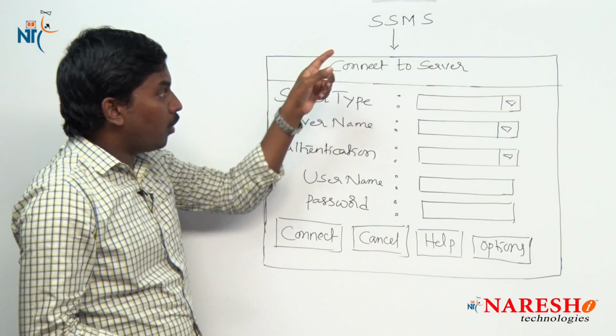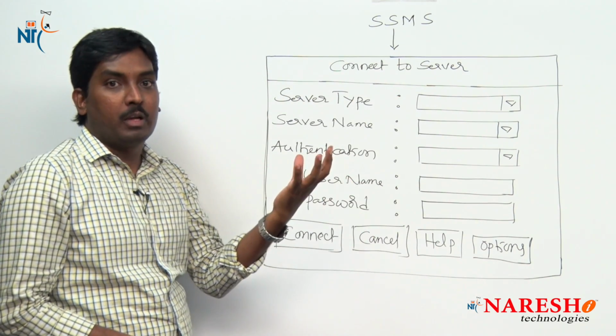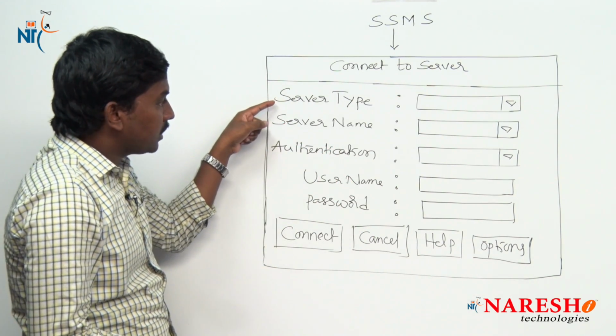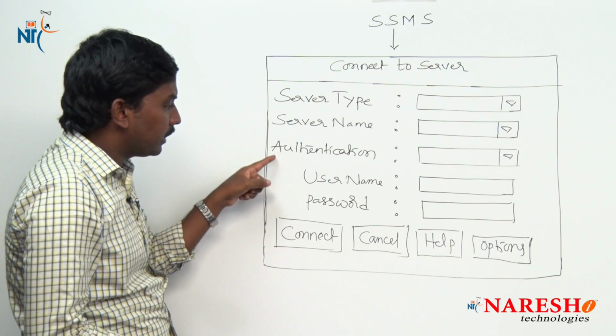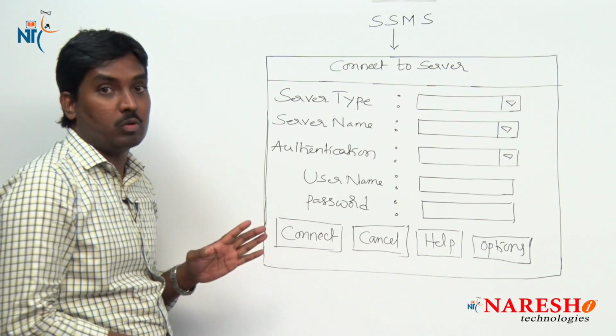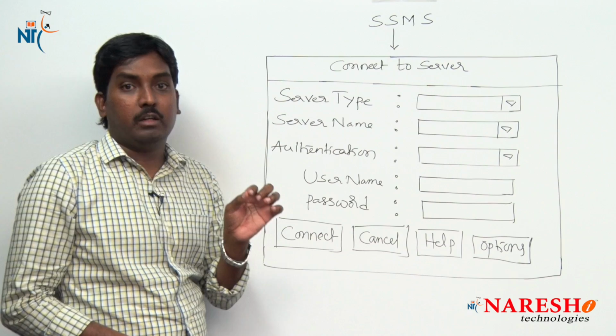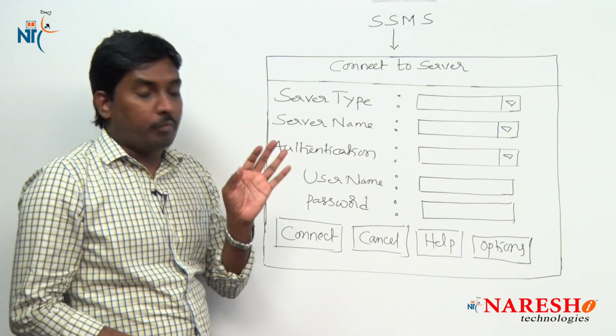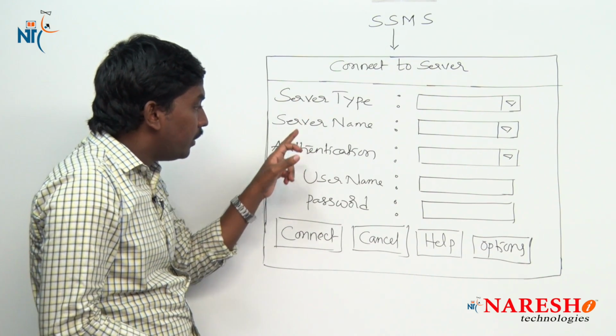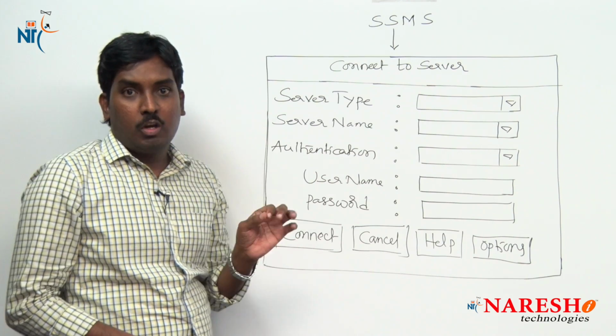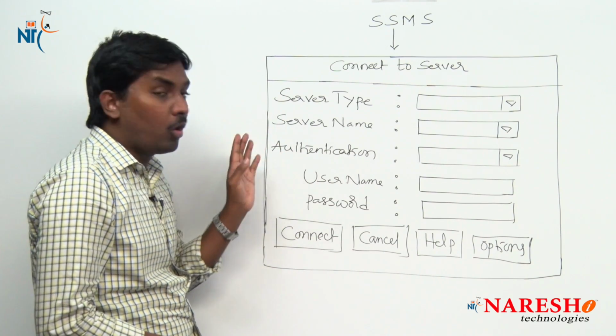Once you click, this window will open. In this window, the options are server type, server name, authentication, username and password. Before I connect to my SQL Server, first of all I want to set each and every option.